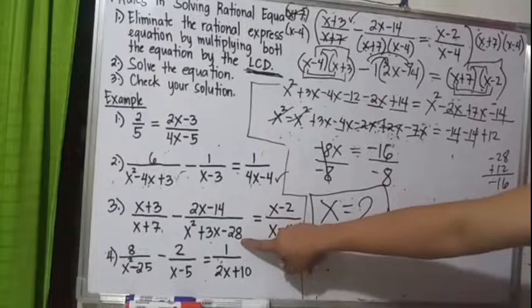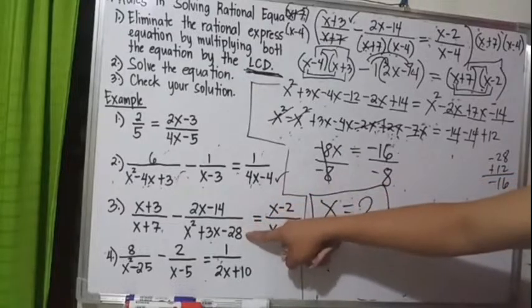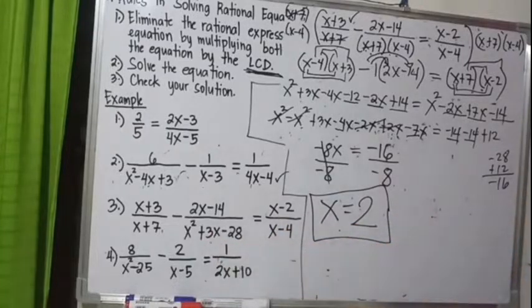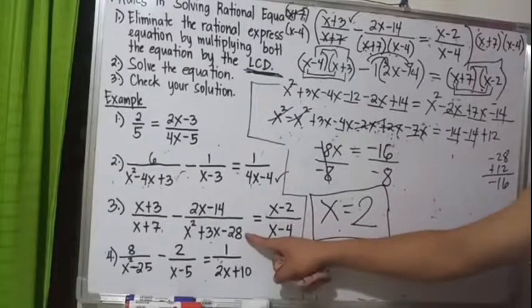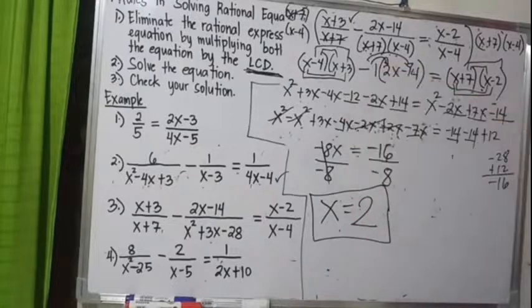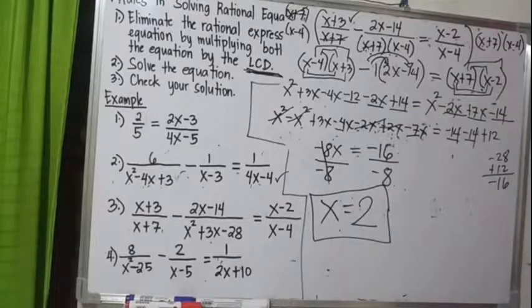For this 28, remember, look for two numbers that when you multiply, the result is negative 28, and when you add the two numbers, the result should be positive 3. So take all the factors of 28, then add the two numbers. If the result is positive 3, those are the two numbers that are the factors.